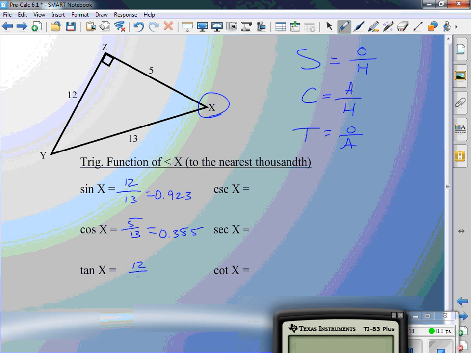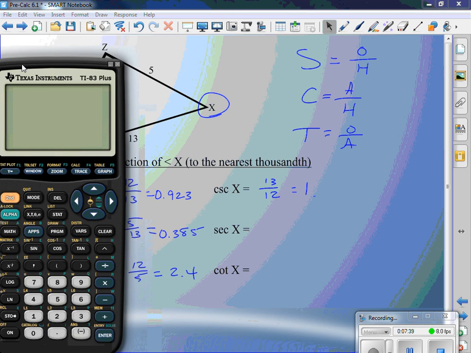So 12 divided by 5 is 2.4. So, SOH CAH TOA, that's a way to remember the trigonometric functions. For the CSC, it is just the flip. 13 divided by 12, 1 something.